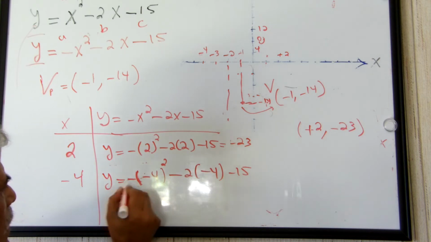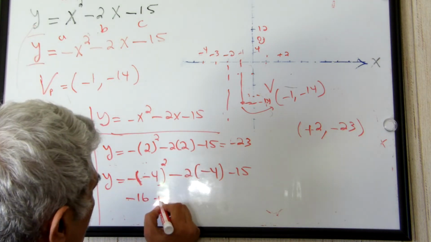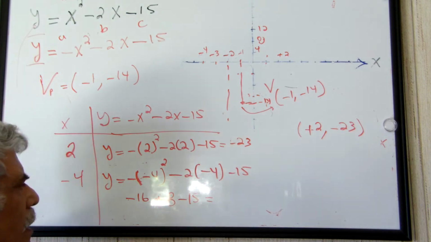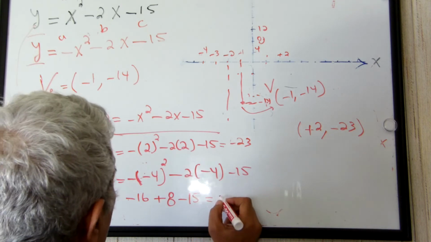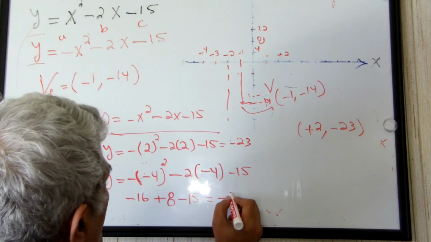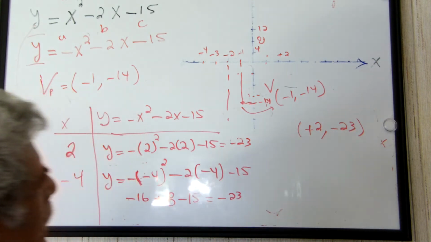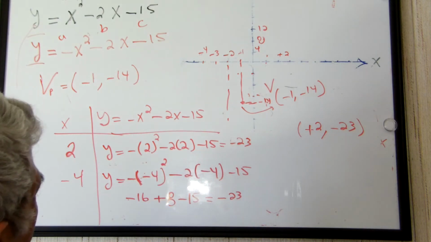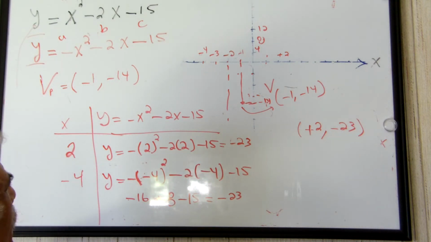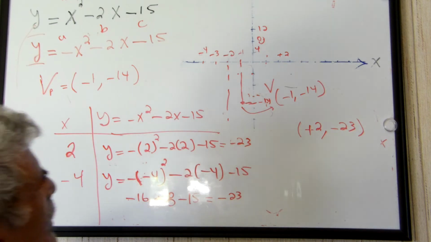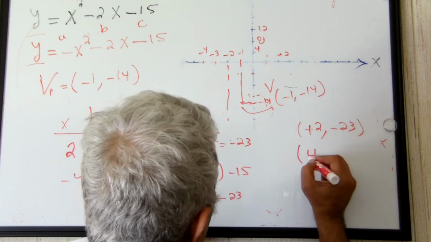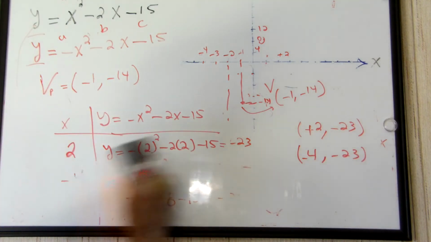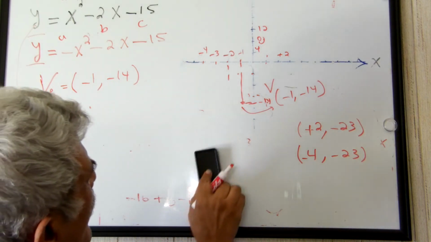So minus 16, then minus multiplied by minus is plus 8, minus 15, which is minus 23. See, we got these 2 points in opposite ways. We expect that. Now the second point is minus 4, minus 23.